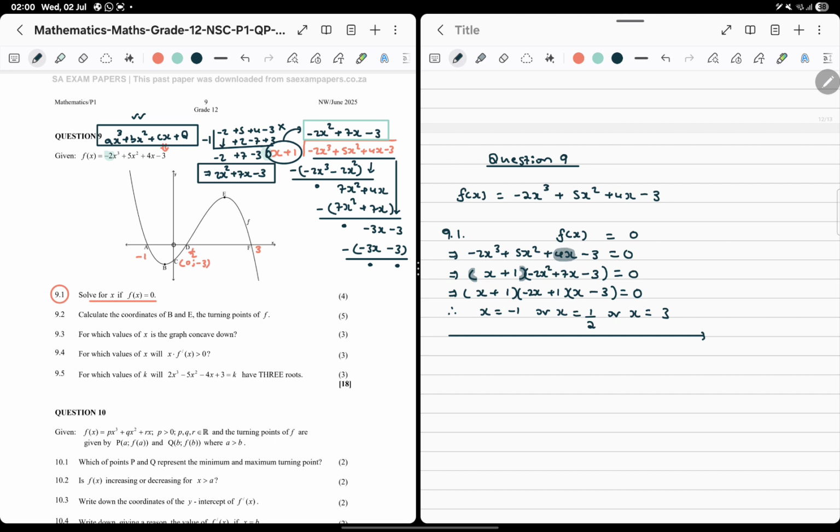Anyway, guys, I've shown you all 3 techniques in a nutshell, so you should pick the one that you can handle. Right, so this factorization first is a mark. Maybe getting this one and getting this factor is a mark. And then factorizing this one further is a mark. 3 marks. How many marks here? 4. Wow.